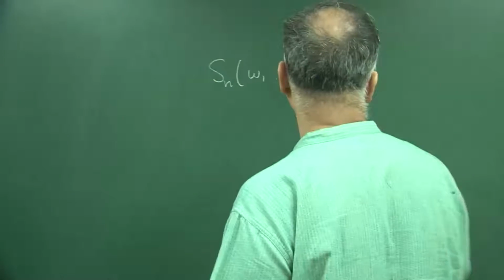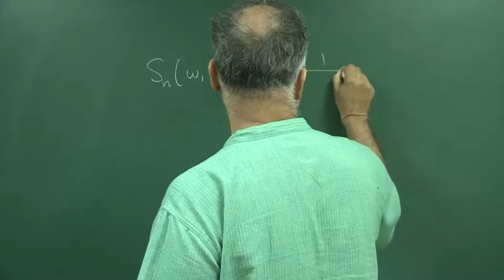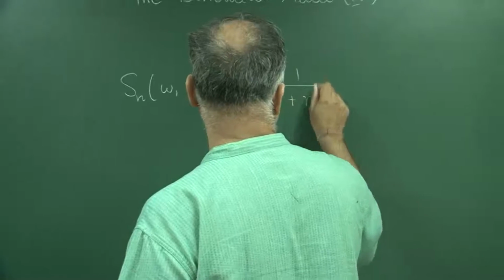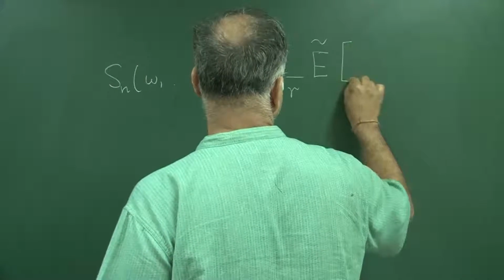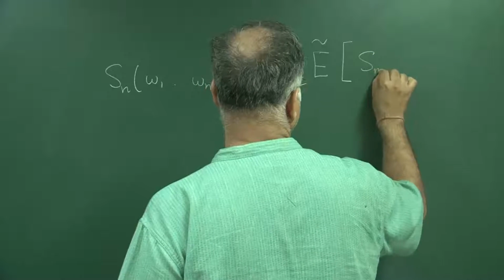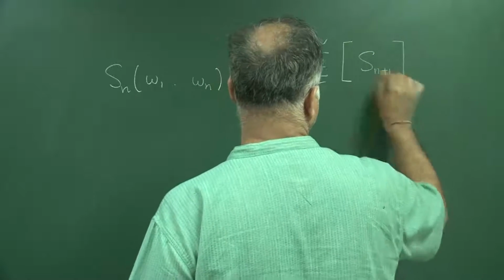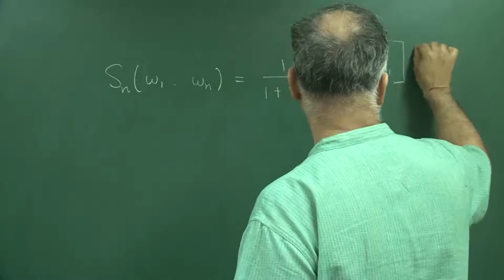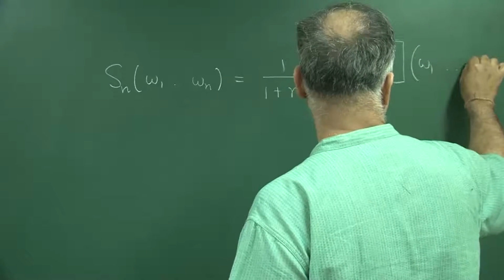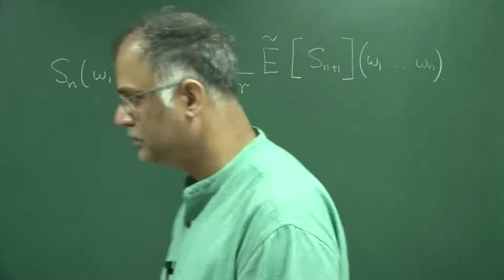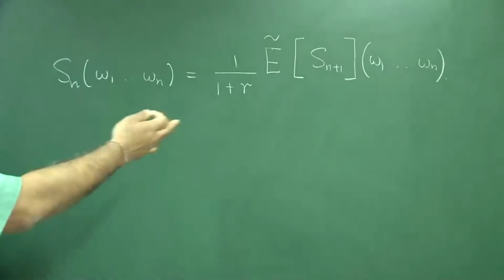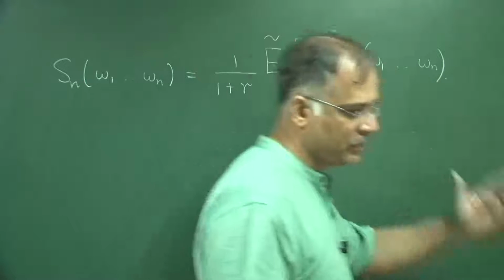The nth stock price can be written as a conditional expectation. This is what we have discussed in the last class. You can do that for Vn and whatever, everything has the same format.